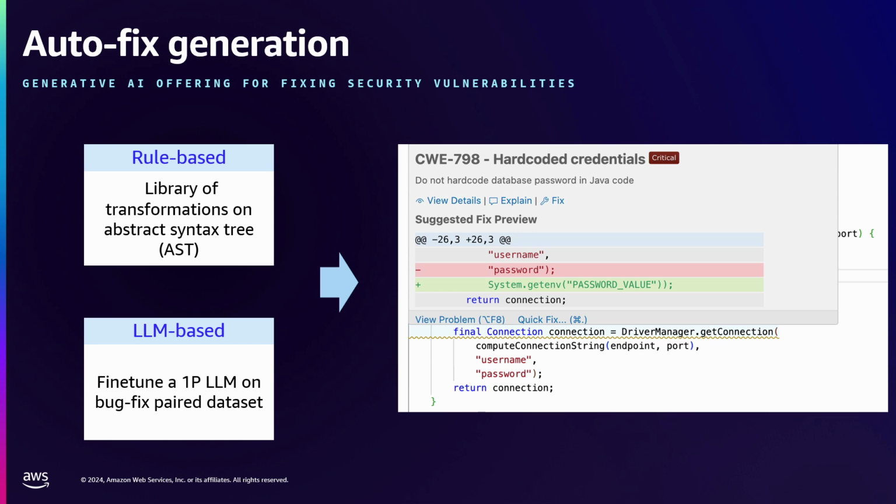So when the user finds a security issue in their code, the autofix generation will populate a fix suggestion in the description of the finding.